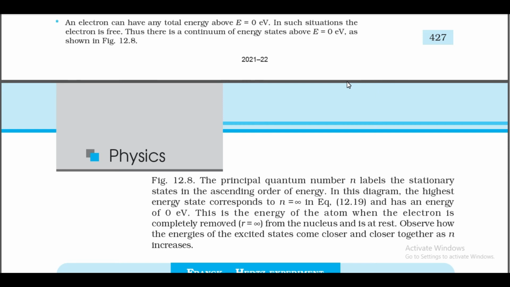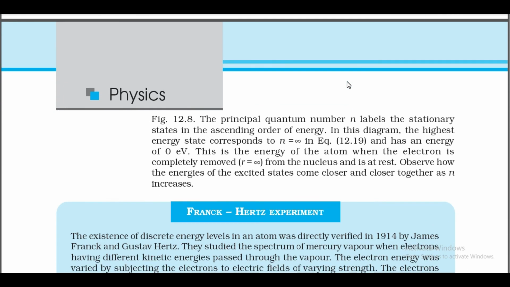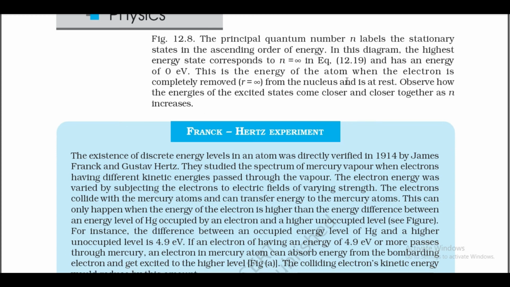In this diagram, the highest energy state corresponds to n equal to infinity in equation 12.19 and has an energy of 0 eV. This is the energy of the atom when the electron is completely removed, r equal to infinity from the nucleus, and is at rest. Observe how the energies of the excited states come closer and closer together as n increases.